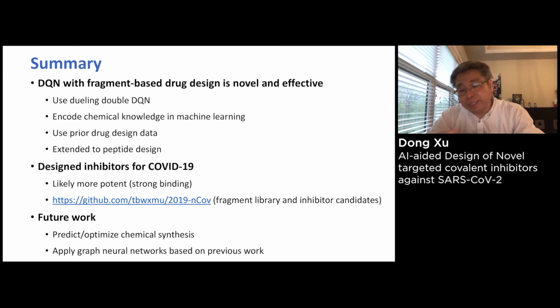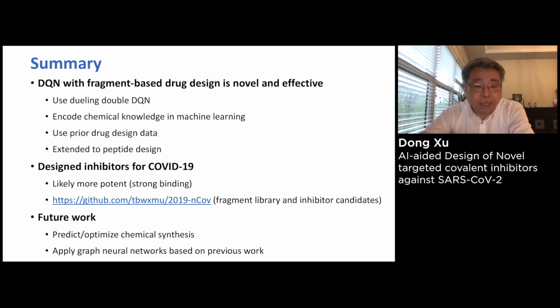Of course, it doesn't mean they are good drugs, because they could have side effects and other things, but at least they provide a basis for strong binding. We provided all these candidates at this website, and we also provide a fragment library, so people can use these candidates for experimental validation or use these fragments to design their own inhibitors.